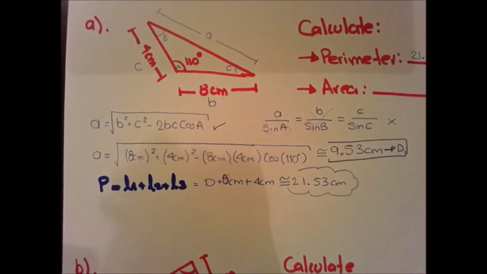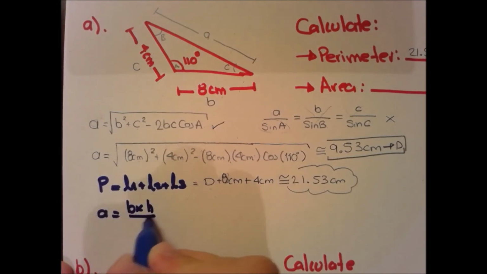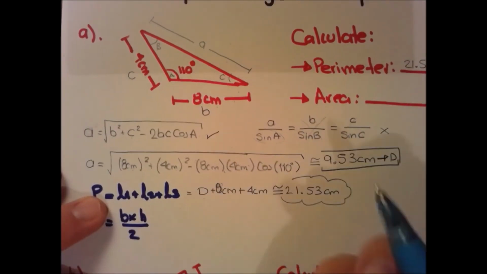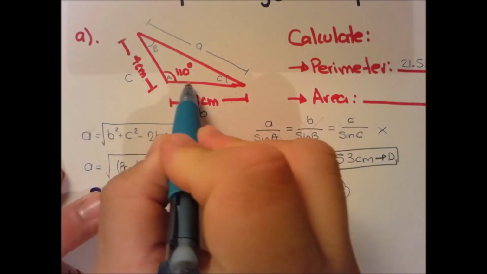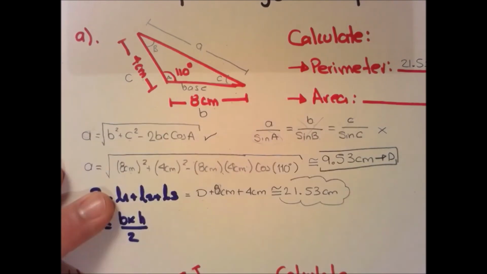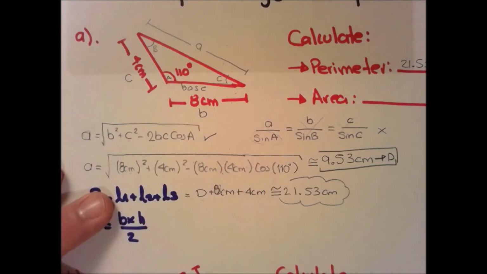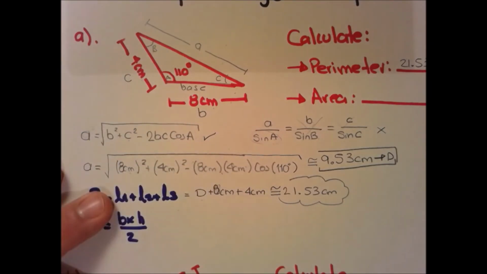Remember, the area formula is base times the height over 2. Look at this, this is something important. In the other examples, we used this side as a base, and the other side was taken as a height, but in this case this side of 4 centimeters is not going to be the height.